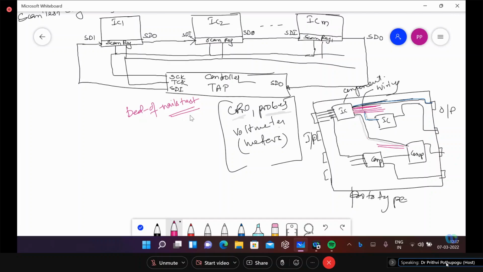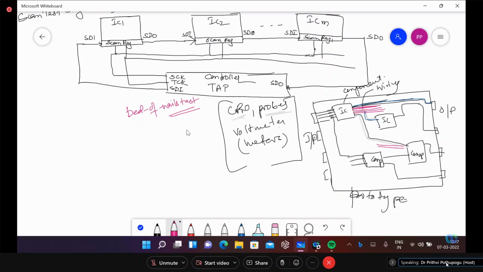The bed of nails test is by tapping that wire using the probe tip. So this bed of nails fixture will fail if the complexity of the design is more. The reason is that the width of the wire will be very minute. There is a problem in tapping the value.